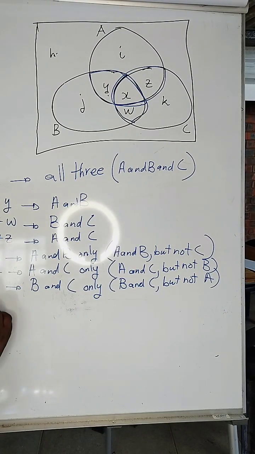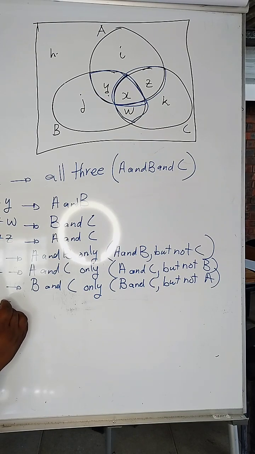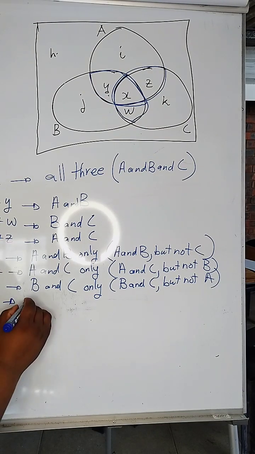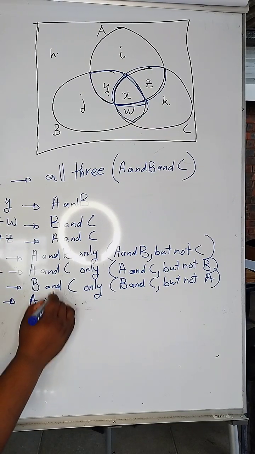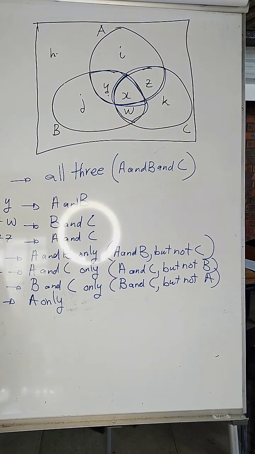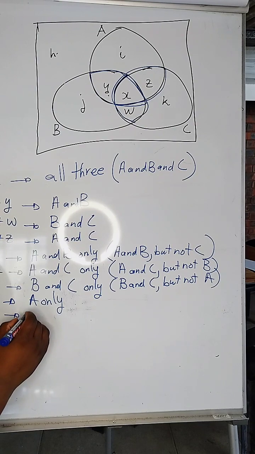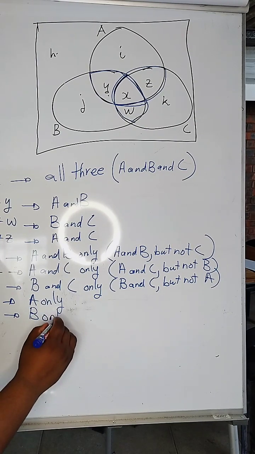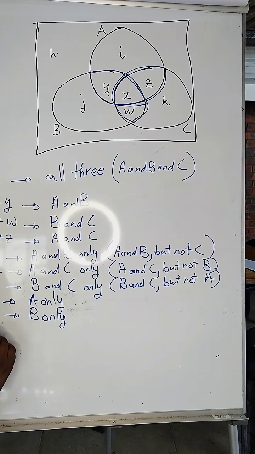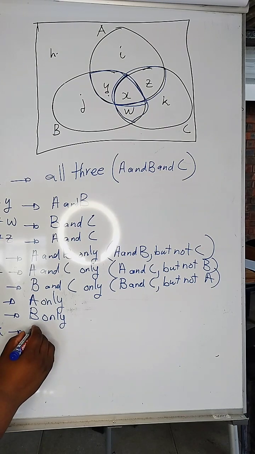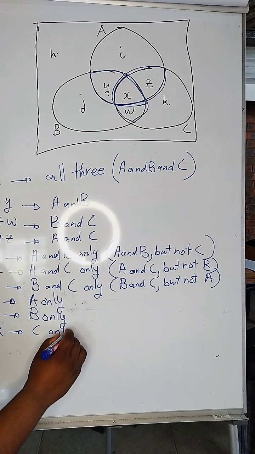Now let's check for I. I will be given by A only. J will be given by B only. Then K will be given by C only.